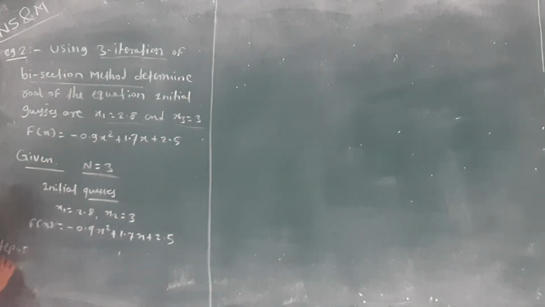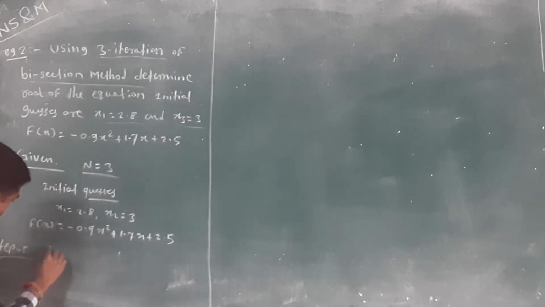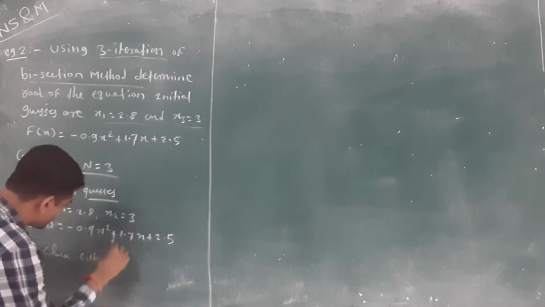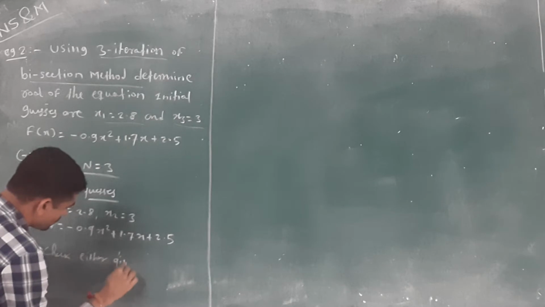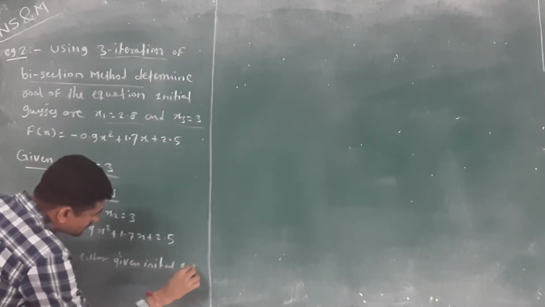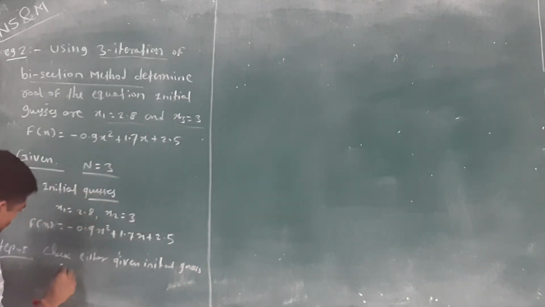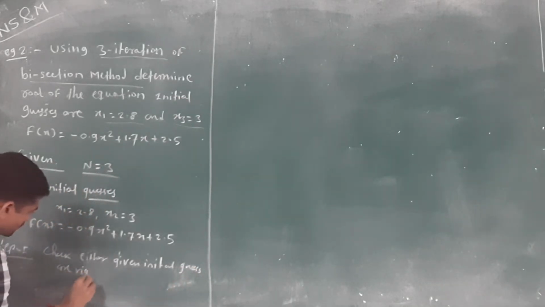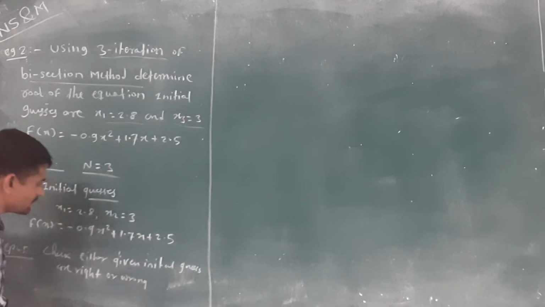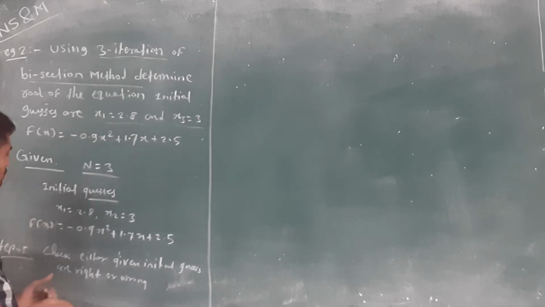Step number 1 is you have to check whether the given initial guesses are right or wrong. Then how do we check that?